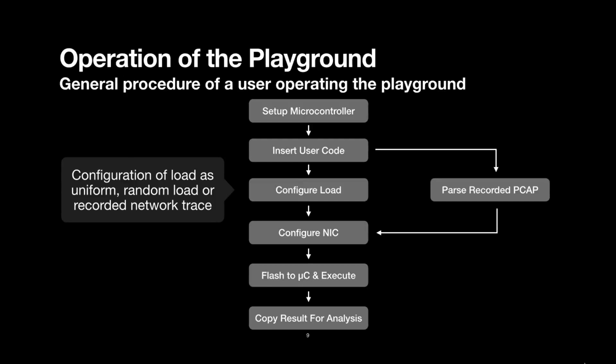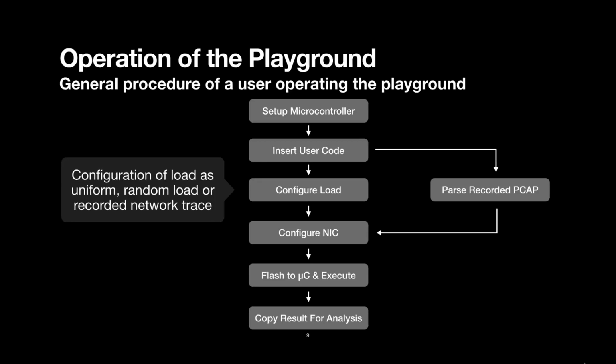And first, the setup of the microcontroller has to be done. And then the user code can be inserted into the program code of the playground. And this user code is the test subject, the code to be tested. After that, the user can configure a network traffic load.